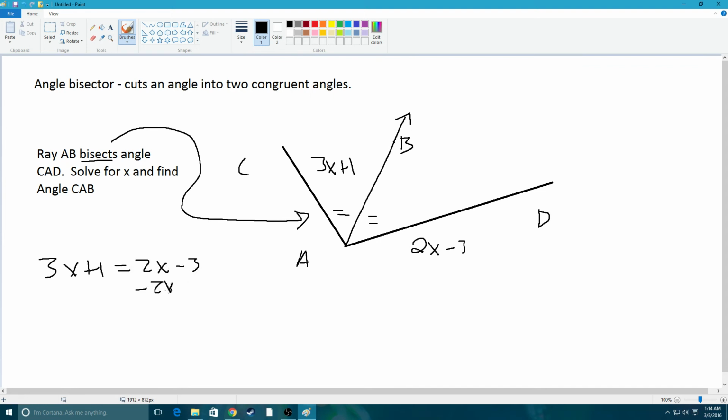I subtract 2x from both sides. I subtract 1 from both sides. And I get that x equals -4. I should probably change this problem up. I didn't think this up clearly. Sorry. Make that a +3.